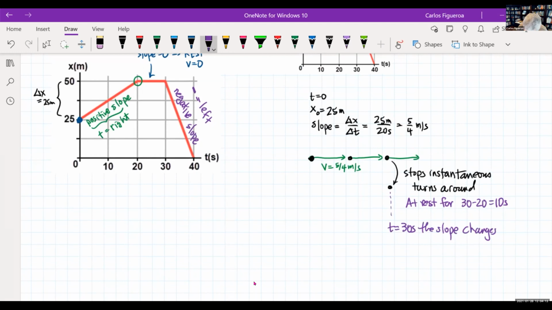Well, I'm going to look at this slope here, and look at that, it's going to be negative. Of course it's going to be negative because I'm going from 50 down to 0. So I should do this as 0 minus 50 meters, and then my time interval is from 30 to 40. So the slope now is minus 5 meters per second.